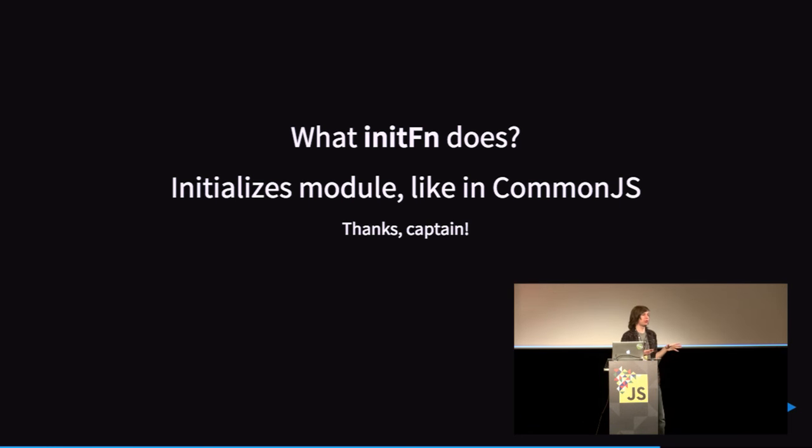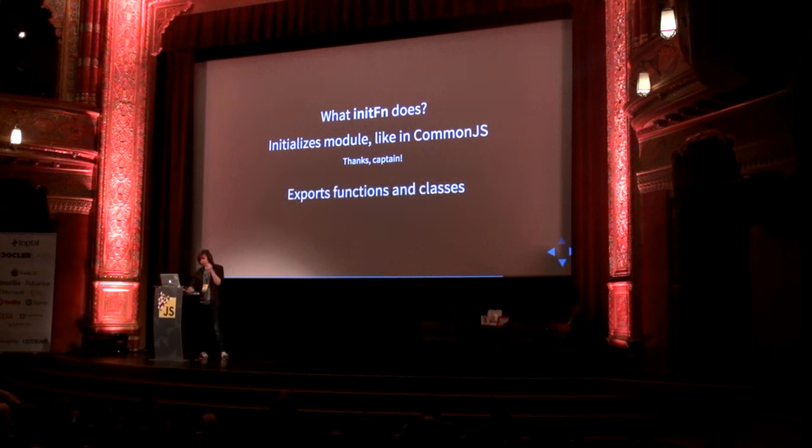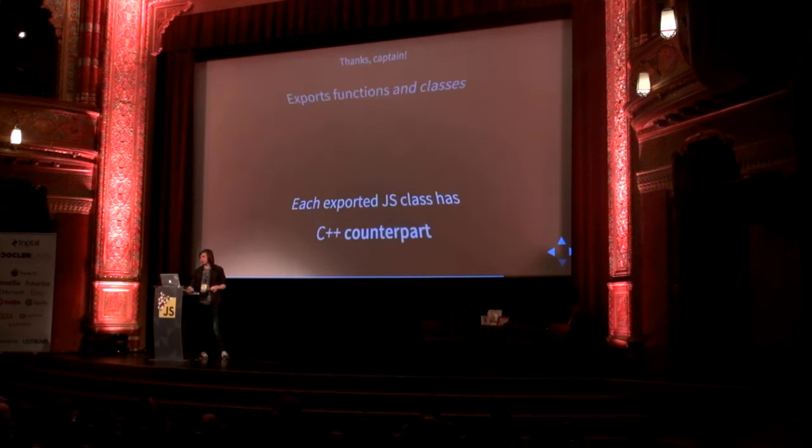When you require a module, it's actually executed only once, and then the result is cached. So this function gets the exports object as an argument, and C++ code is just putting various methods and C++ classes on this object. So when process.binding is called, it returns an object, as we saw in the very first slides about the fetch module.